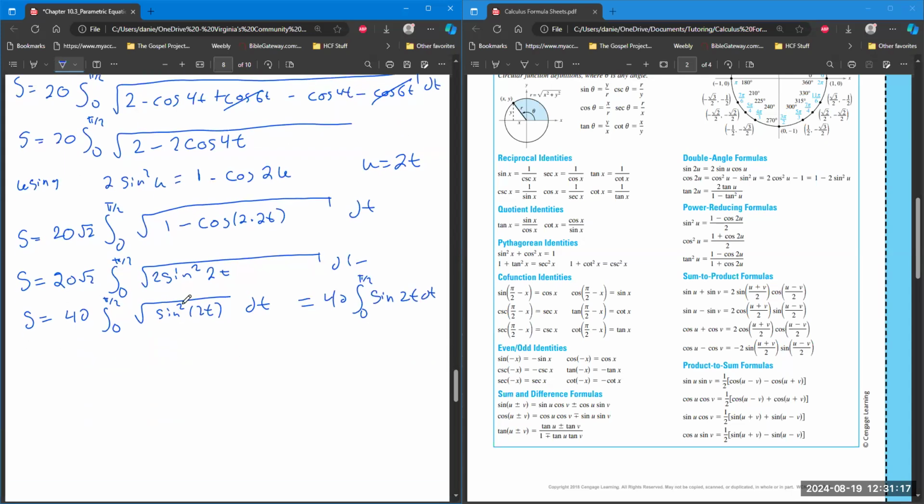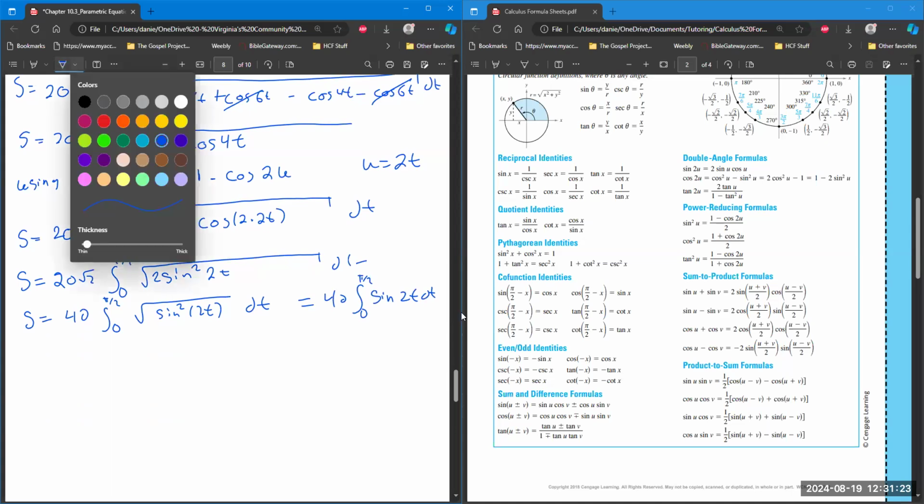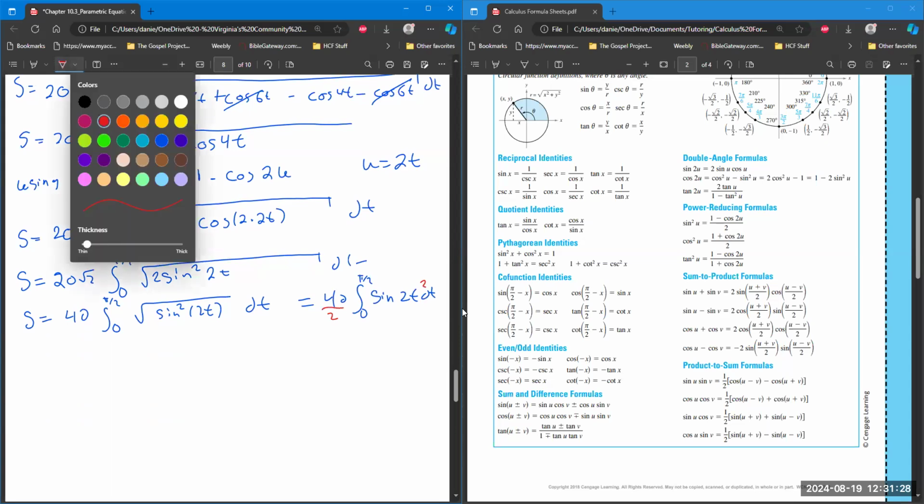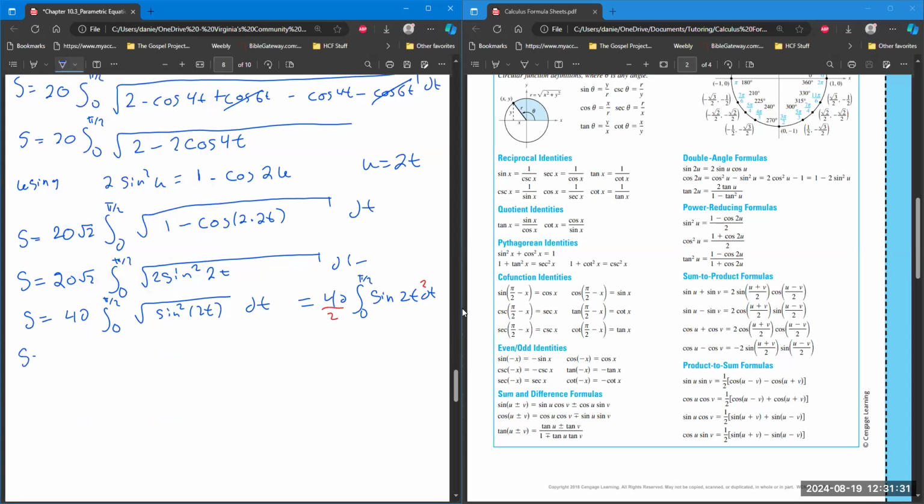So now we need to fix that by multiplying by 2 over 2. So 2 on the inside over 2 on the outside makes this that s is equal to 5, 0 to pi over 2 of a negative cosine of 2t evaluated from 0 to pi over 2.